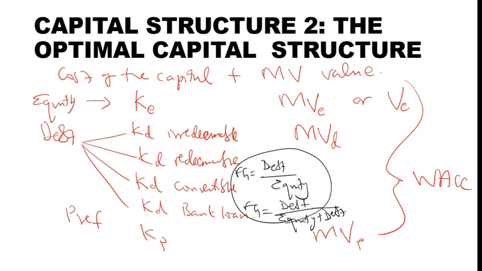Then we also looked at operational gearing, and we said that operational gearing, or OG, was equal to contribution over PBIT. And we discovered that those companies which are heavily geared tend to have drastic changes in their ultimate profitability.